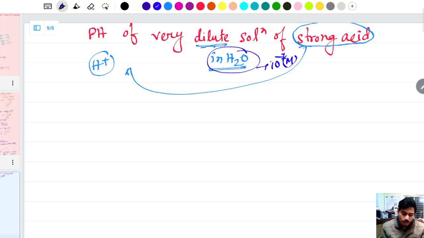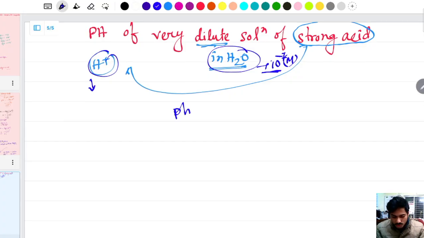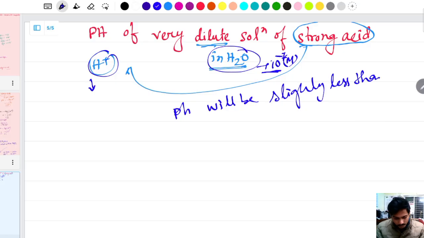For that purpose, the H plus ion from the strong acid will be much lower than the H plus ion present in the water. So the pH will be slightly less than that of water.